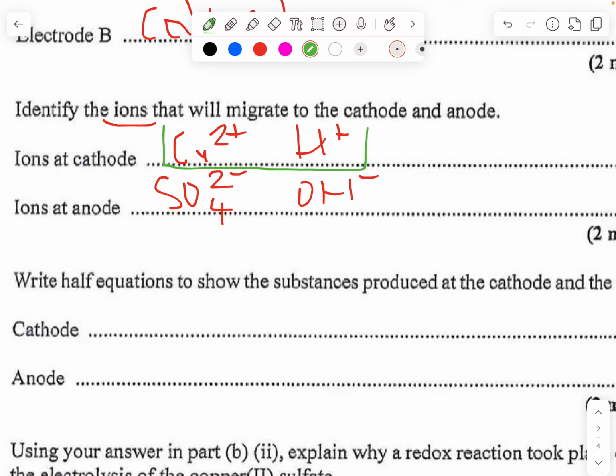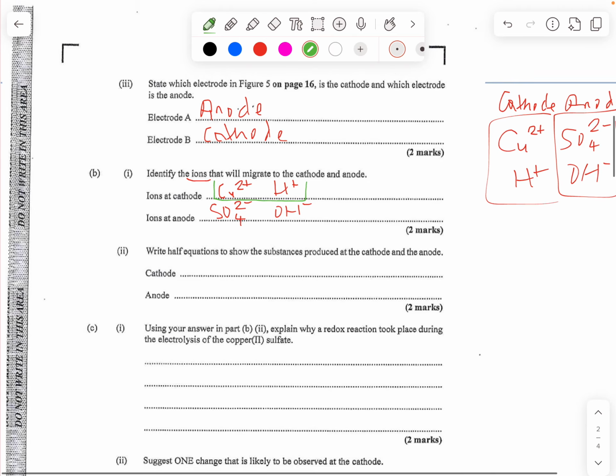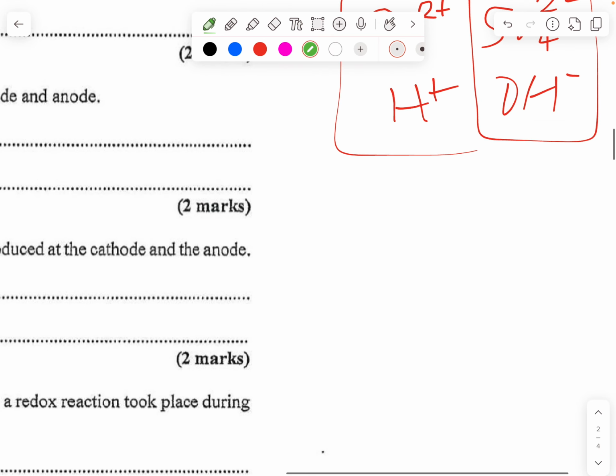Right. Now, there's only one factor that affects preferential discharge at the cathode. So let us do that right there. I'm going to do preferential discharge.